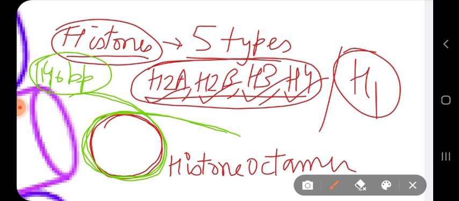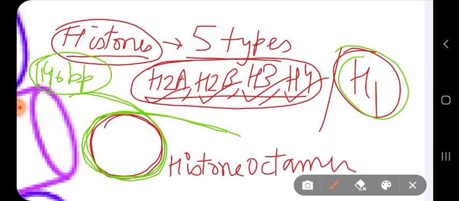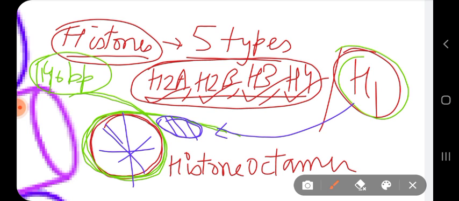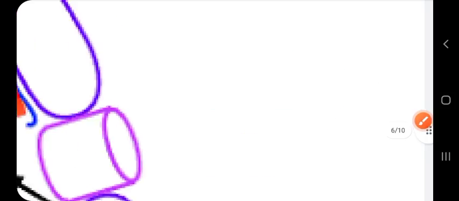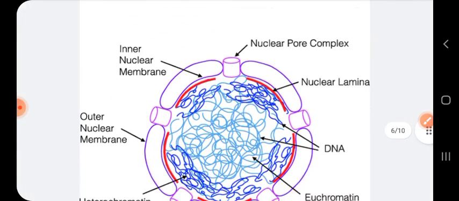Histone H1 associates with the empty region of the DNA. In this way more coiling of the DNA with the histones occurs to form a chromatin-like structure. So in this way your histone proteins work. That is an overview I have given.